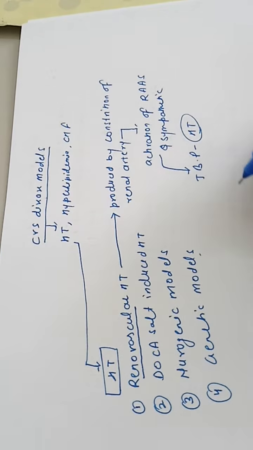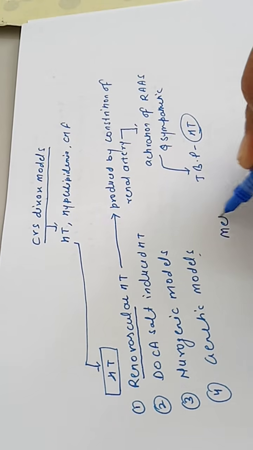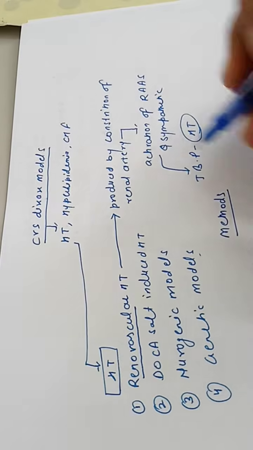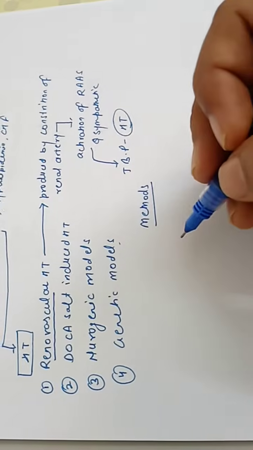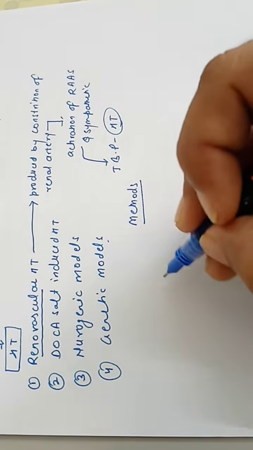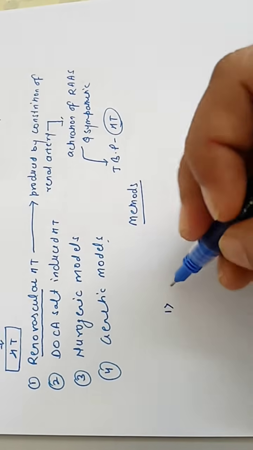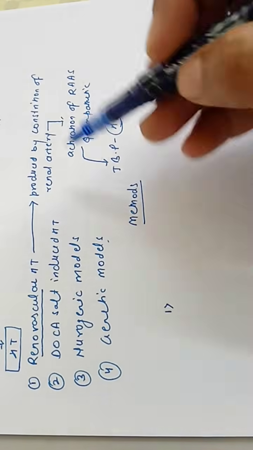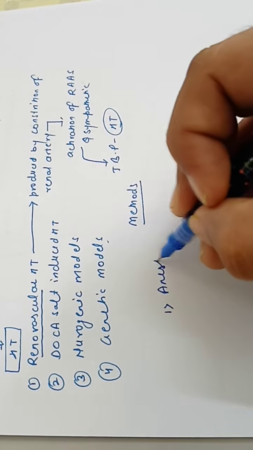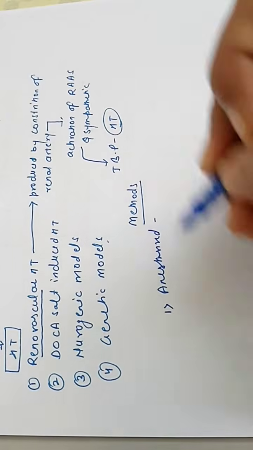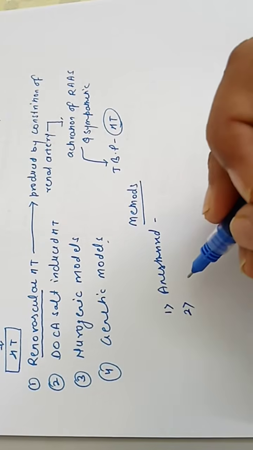The method is how you are going to constrict the renal arteries. The first step is, because you are going to do a surgery to constrict the renal arteries, you have to anesthetize the animals first with a suitable anesthetic like phenobarbital.